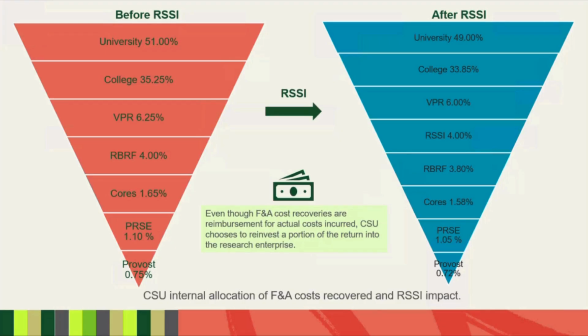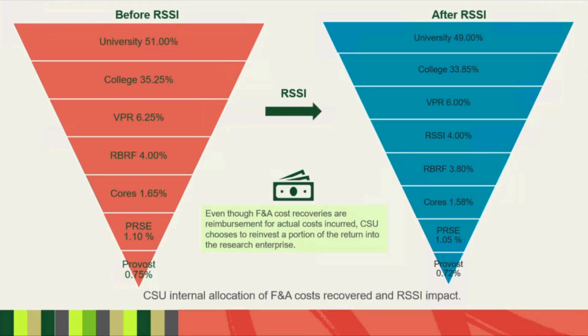The cores get a little piece of it. The PRSE gets a little piece of it, and the provost gets a little piece of it in order to support programs there. And then after RSSI, you can see that RSSI gets about 4% of that now, and it readjusts all the other allocations.